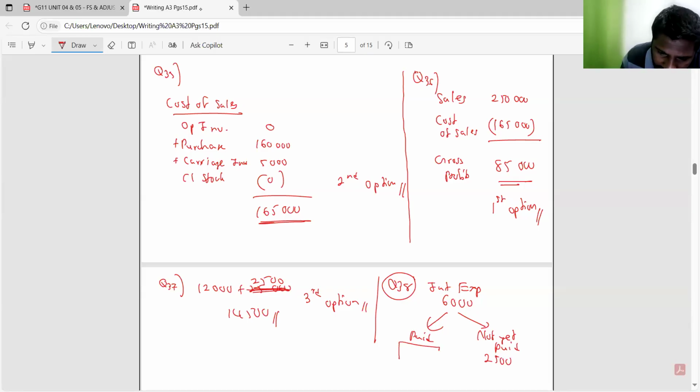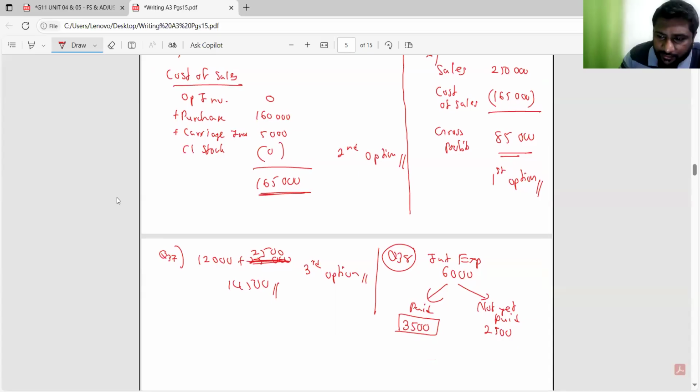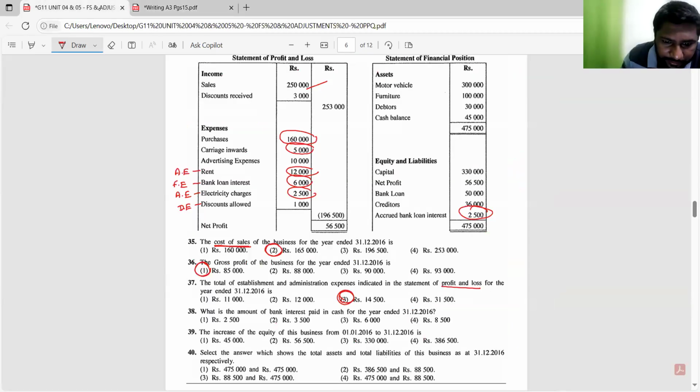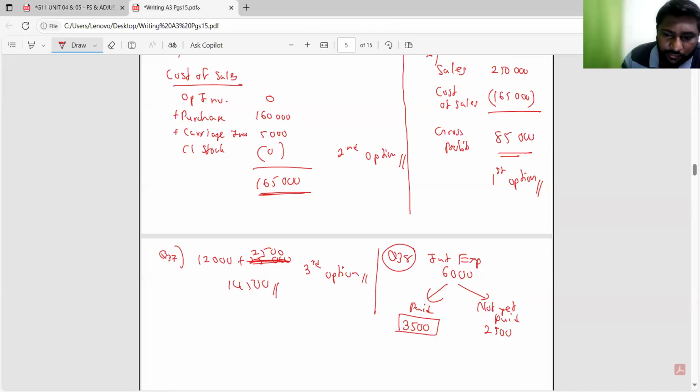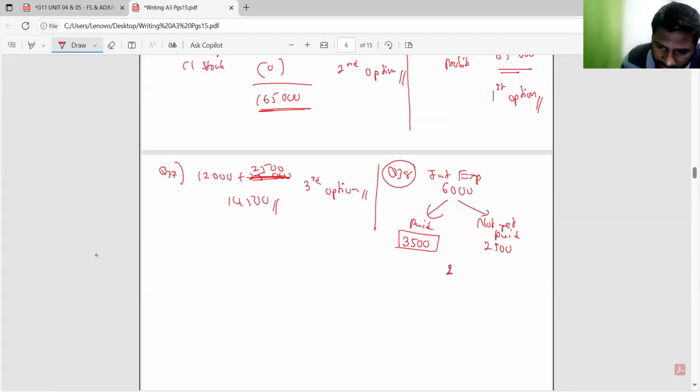Then the paid amount is how much now? 3,500. Which option? It's there in the second option.